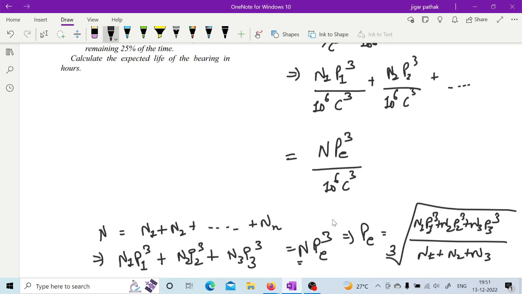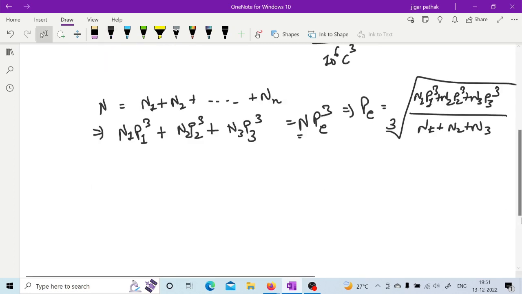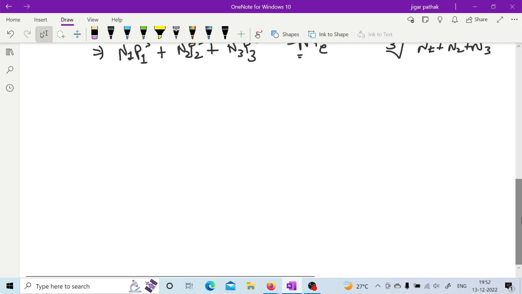So once you have this relation, you will be able to calculate the equivalent load, that is Pe.